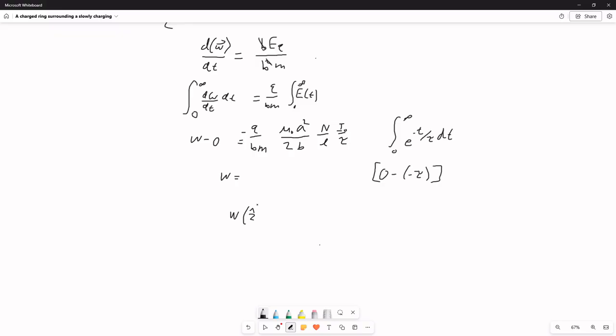Omega in the z hat direction is going to be negative mu naught over 2. We end up with an a squared over b squared, q over m, which is the charge to mass ratio, n over L, from the beginning, and then that tau cancels with this tau right here, and we get I naught, all in the z hat direction.